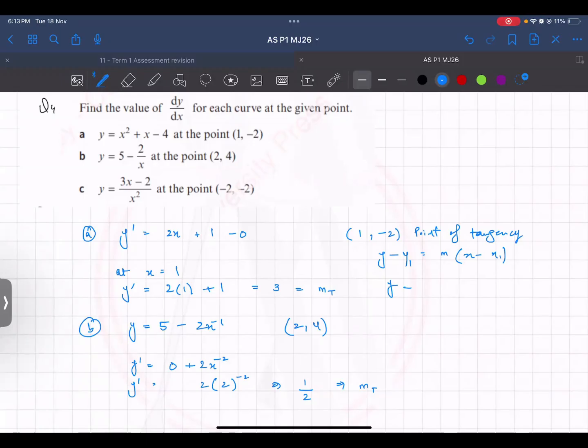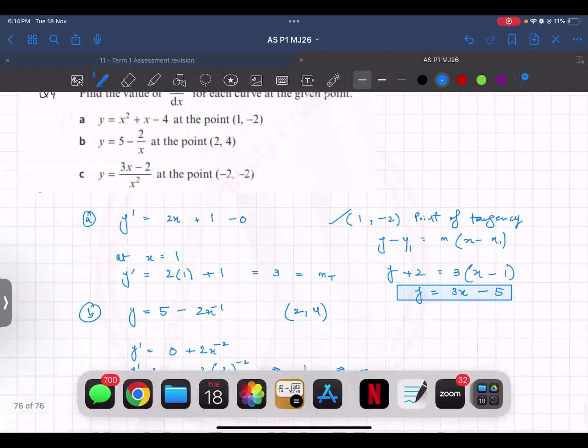So y minus minus 2 will become plus 2, gradient is 3, x minus 1. So y is equals to 3x minus 5. This is the equation of the tangent at this point of this curve.